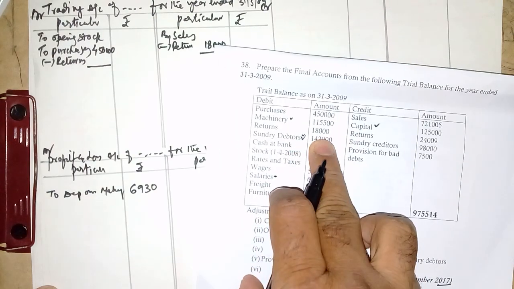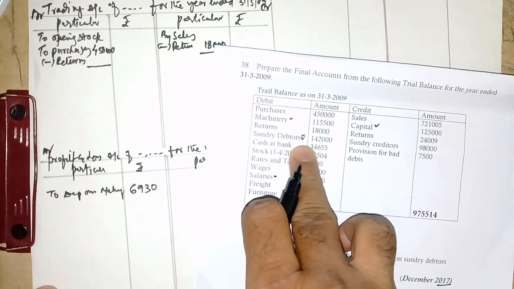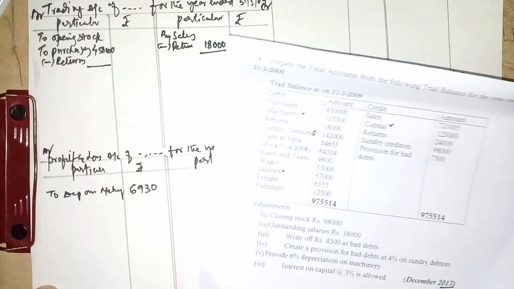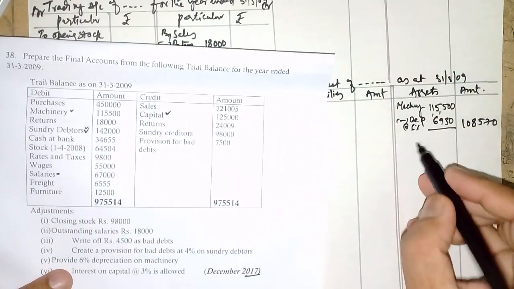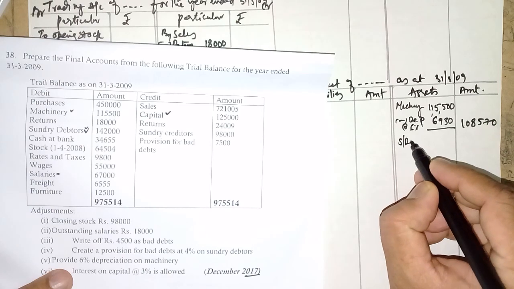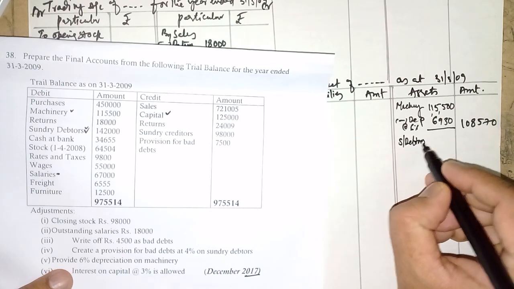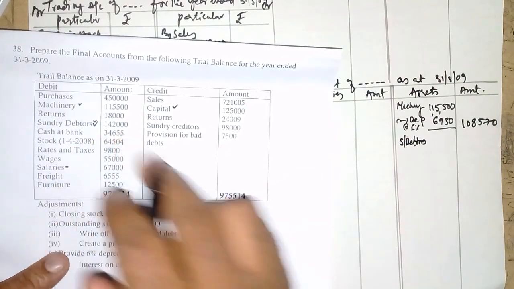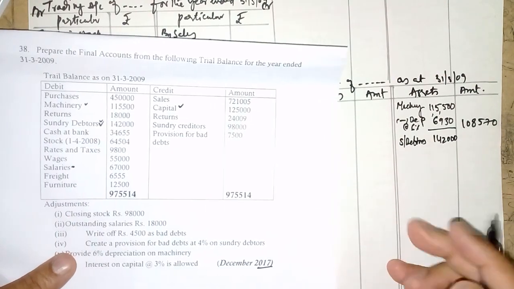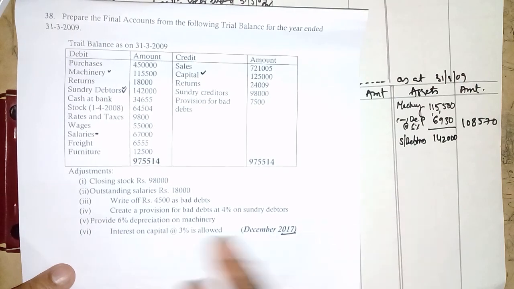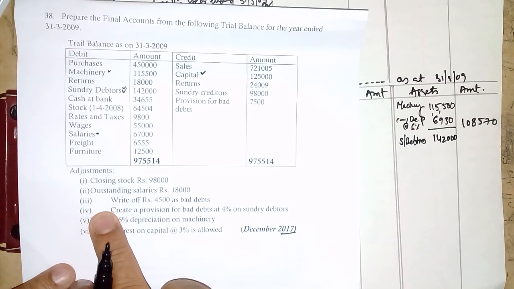So once the returns is done, then sundry debtors. Sundry debtors, there are two adjustments on sundry debtors. Hence, we write on the asset side of the balance sheet first. Sundry debtors. What is the value of sundry debtors? 1,42,000. And what the adjustment says? Two adjustments, right?